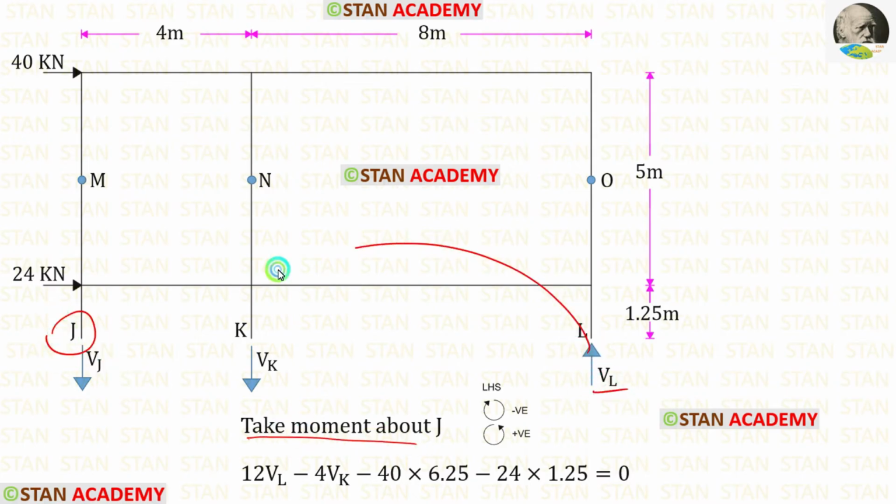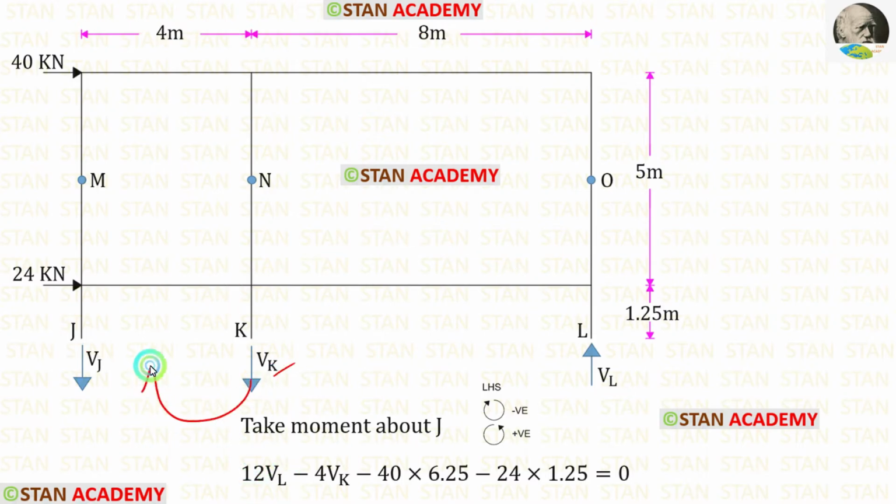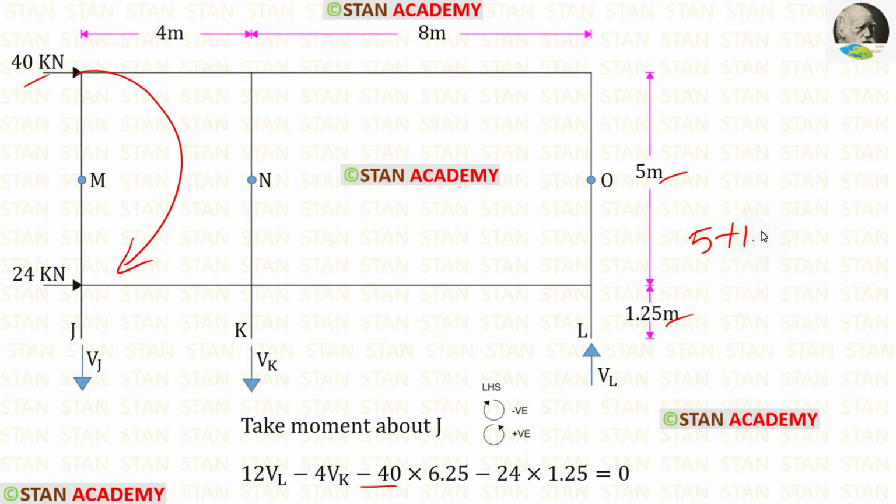VL is acting in the anti-clockwise direction, so that will be positive, and the distance is 12. So 12 VL. VK is acting in the clockwise direction, so that will be negative, and the distance is 4. This load is acting in the clockwise direction, so that will be negative, and the distance is 5 plus 1.25.